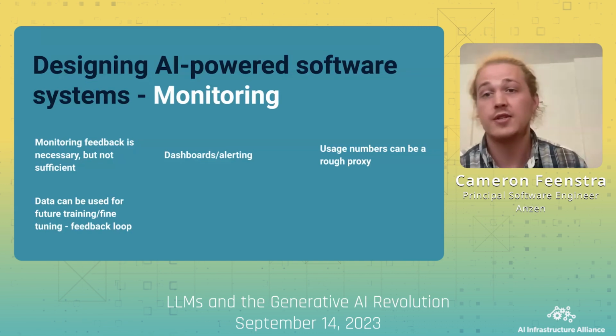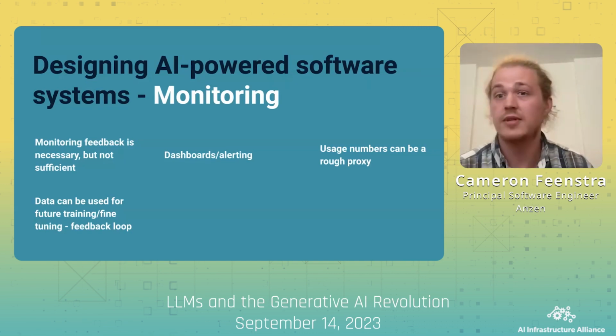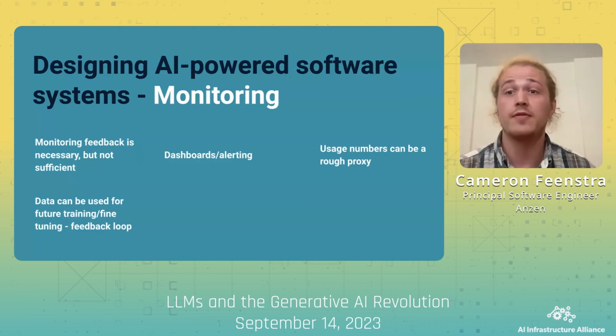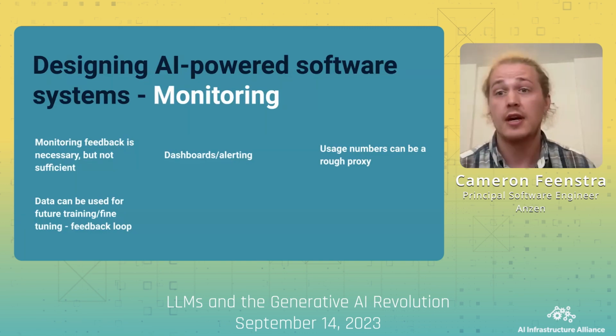You should be saving all the inputs and outputs that you send to your model. Ultimately, you should have the dashboards necessary to really understand how and if performance is changing over time, so that you can address it as quickly as possible, or potentially you can revert a change or whatever the case may be.